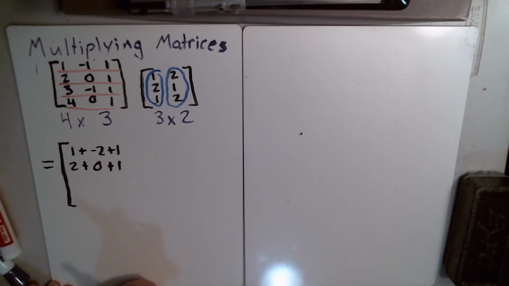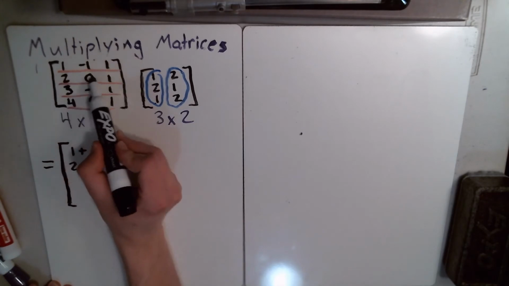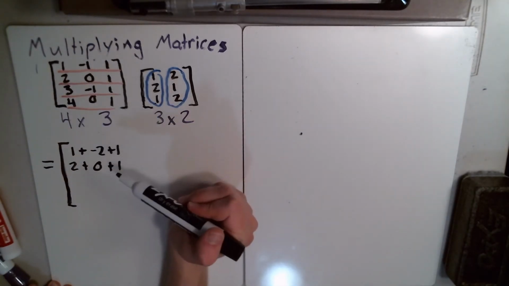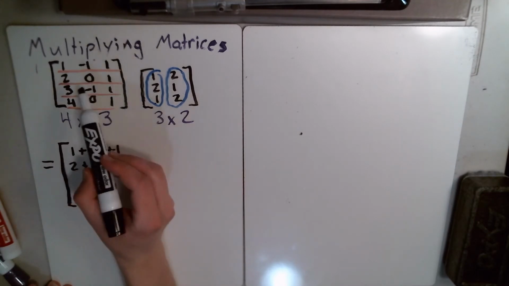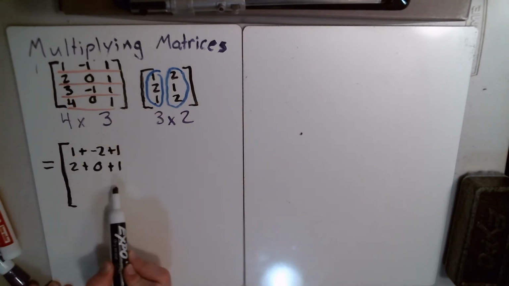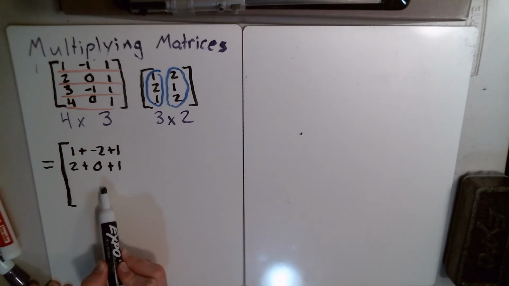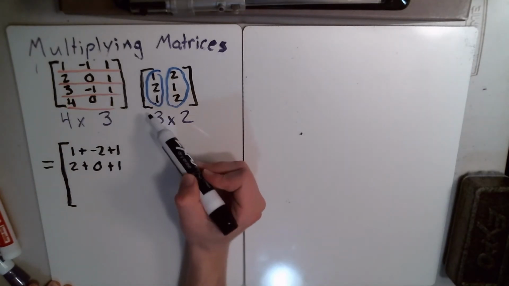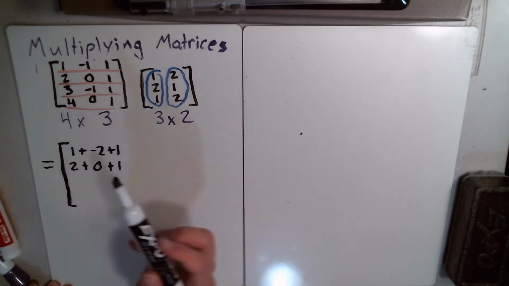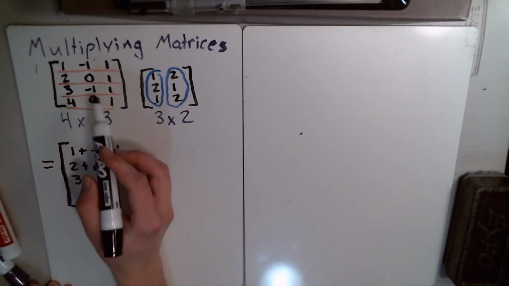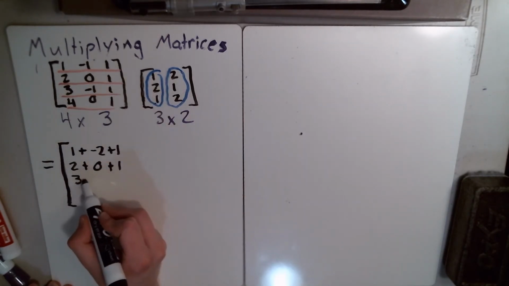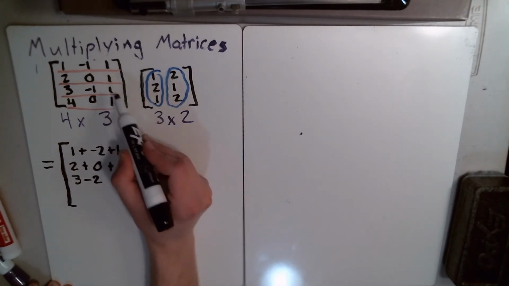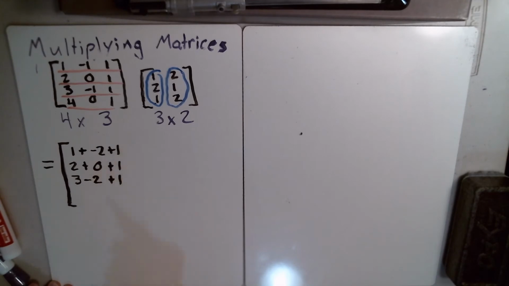So I do the second row times the first column. Now to get the third row and first column, I do third row times first column. So 3 times 1 is 3, -1 times 2 is -2, and then 1 times 1 is 1, so plus 1.